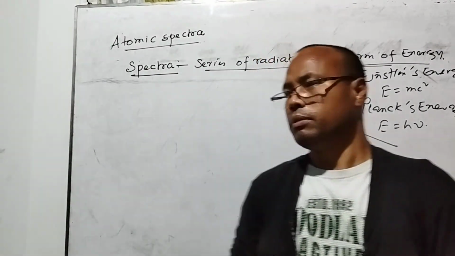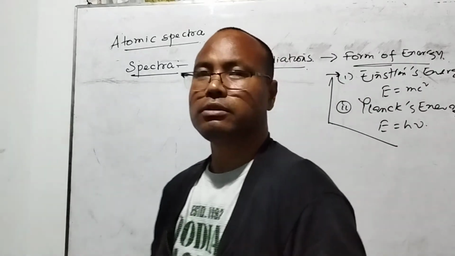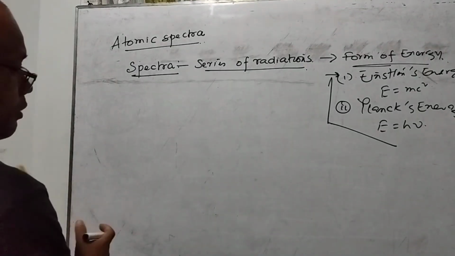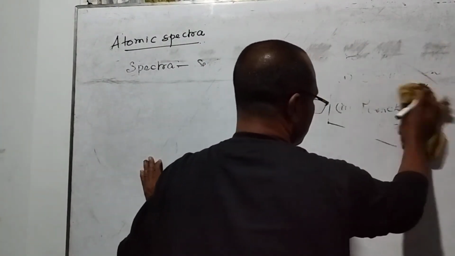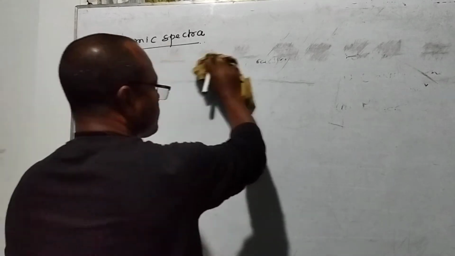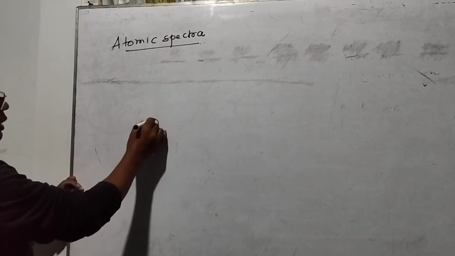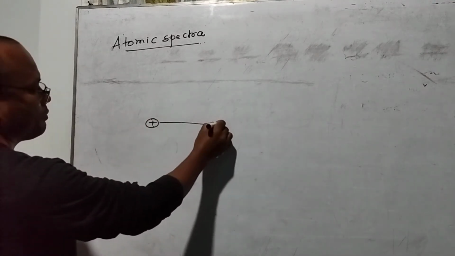Before I start atomic spectra, let us try to realize the structure of the atoms. I think in lower classes we learned how to draw the structure of the atoms. See here, I draw a very simple model of our atomic structure. At the center of the atom we have the nucleus.